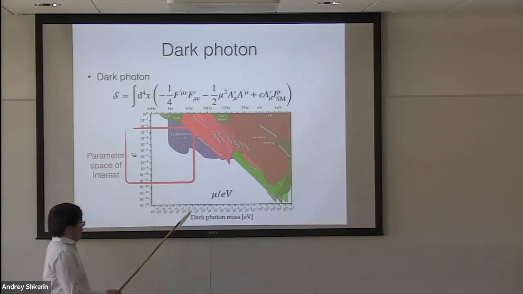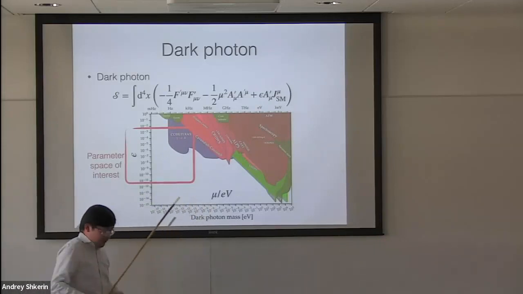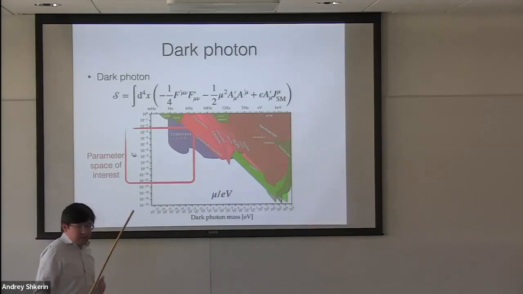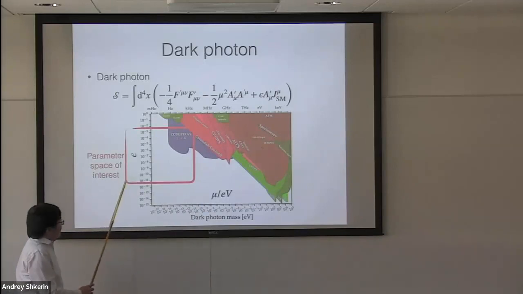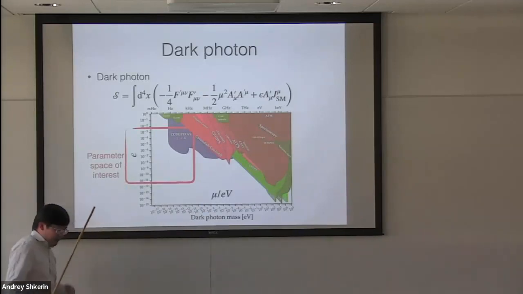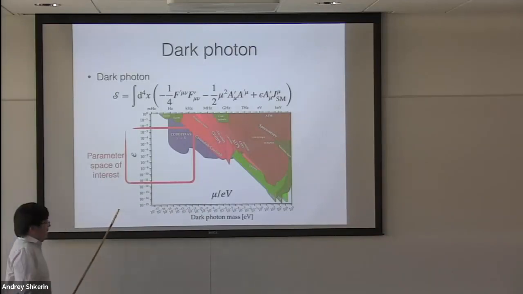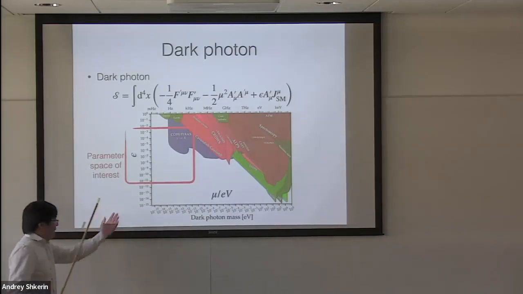Anything heavier, the Compton wavelengths of these particles will be smaller than even the smallest of the black holes that we know exist in our universe. On the left-hand side, it is set by roughly the biggest black hole that we have in the universe, which is roughly 10^9 solar masses, where this limit is roughly 10^-22 eV.